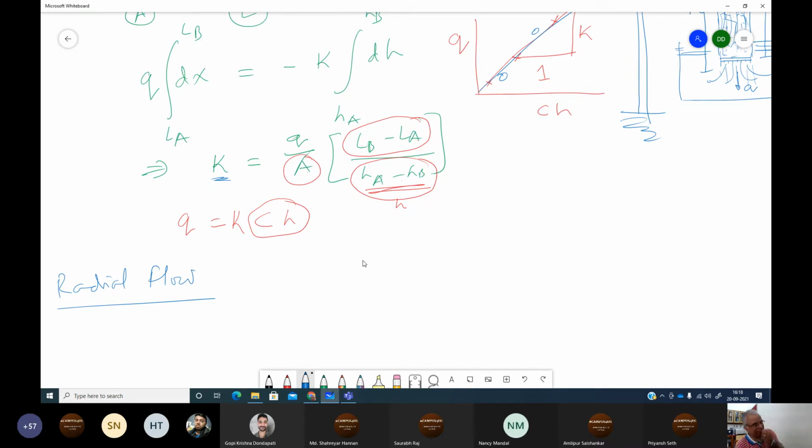Now, another parameter, other than hydraulic conductivity, which defines this flow, is called permeability. Now the permeability is related to hydraulic conductivity, and you note the equation.